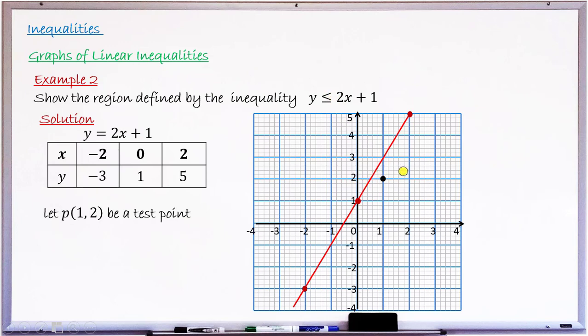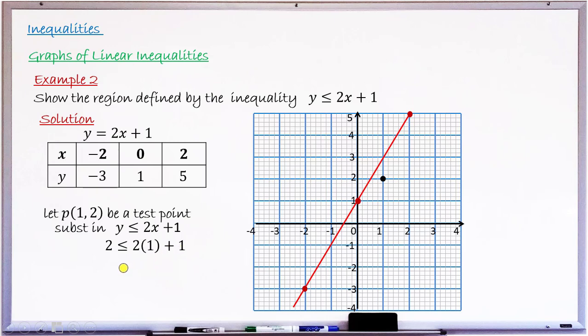But if it is the other way around, it's the part that doesn't give the required solution, it will give a contradictory inequality. Let me just substitute x by 1, y by 2 in the inequality. So I'm going to have 2, I have replaced y by 2, less than or equal to, replace this x by 1. So 2 times 1 plus 1.